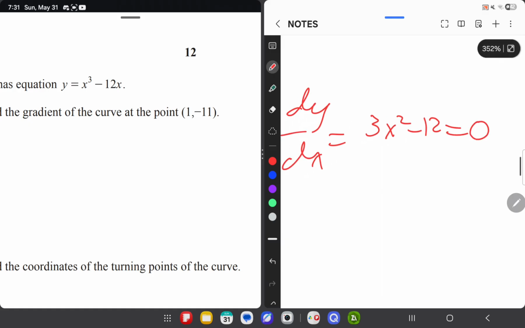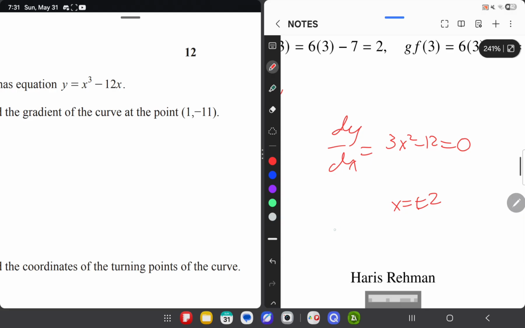Now turning points. We set it equal to 0 and we get x squared equals, x is equal to plus minus 2. And so we get y is equal to plus minus 8 minus plus 12 and 24.